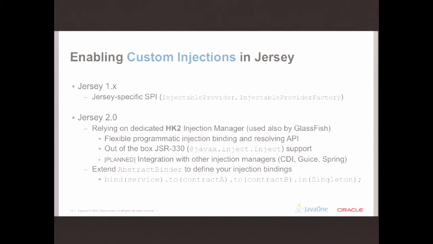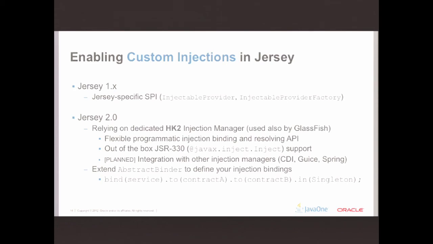In Jersey 2.0, we are relying on a dedicated HK2 injection manager, which is, as I said, used in Glassfish, and it provides a flexible programmatic API, so we can really just use the Fluent API to build your own custom injections, and it also provides out-of-the-box support for the @Inject annotation and the whole JSR 330 dependency injection API.